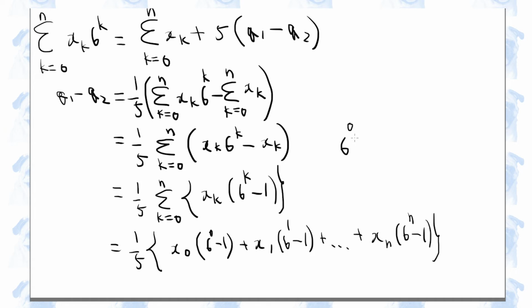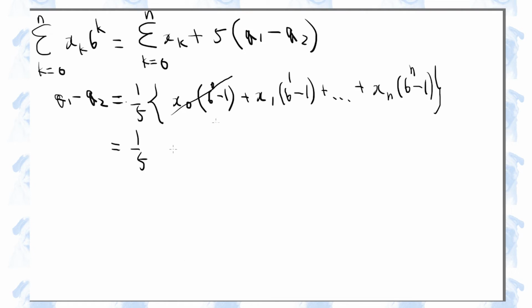Six to the power of 0 is 1, so 6 to the power of 0 minus 1 is 0. So this term disappears. So this can be rewritten as this.